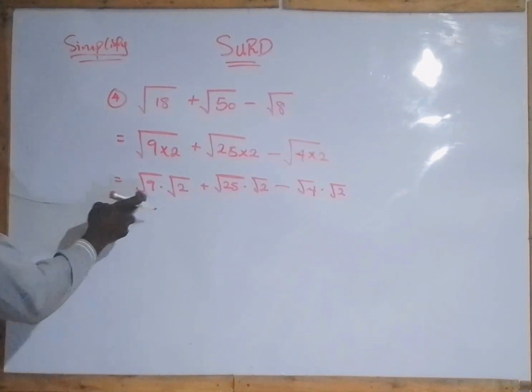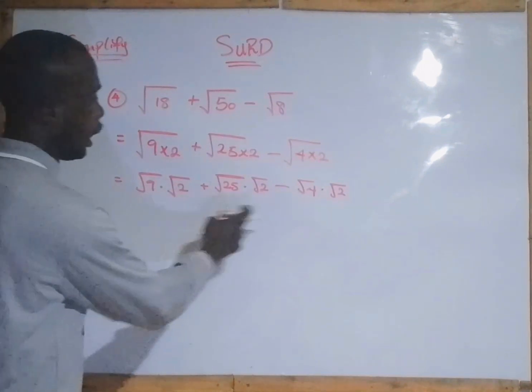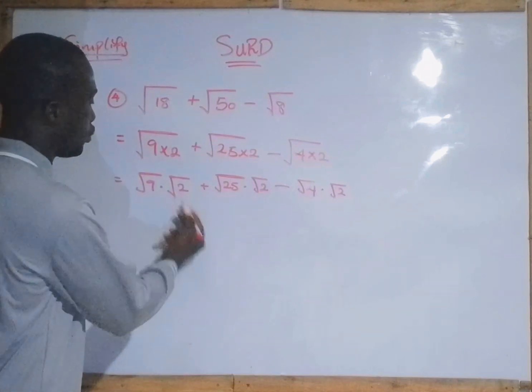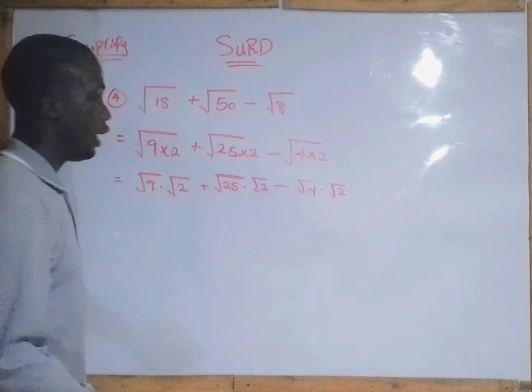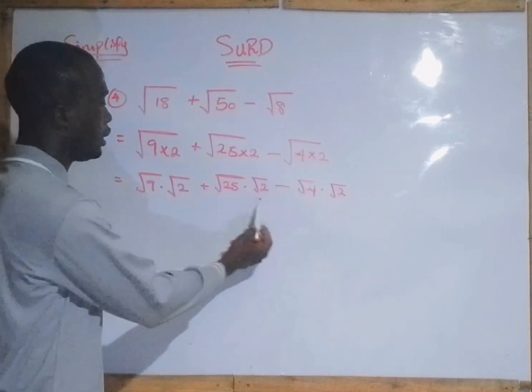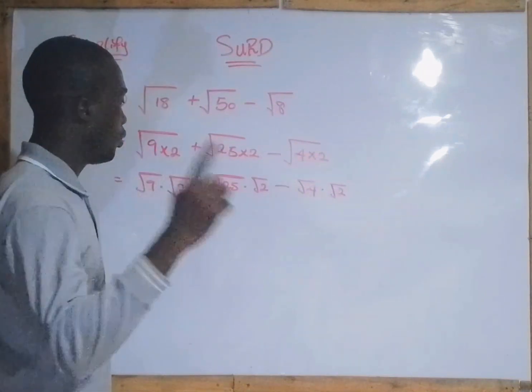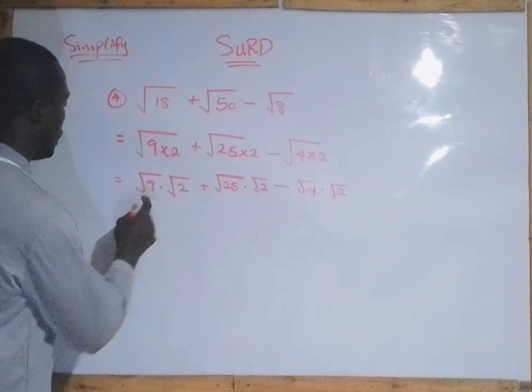Now root 9, root 25 and root 4, and then definitely we have root 2 and root 2. As I told us earlier, since we are having the same roots in these 3 of them, we pick only one. So what we do here is that we move further.